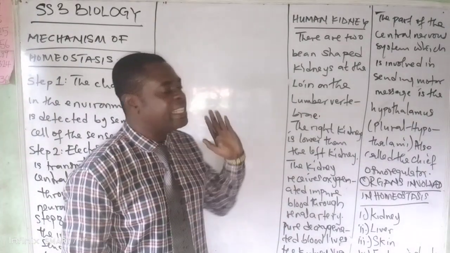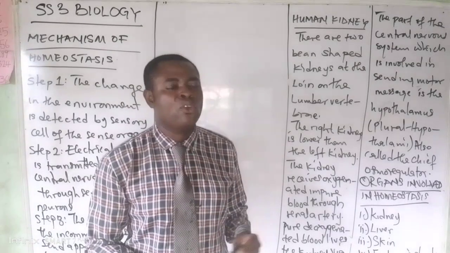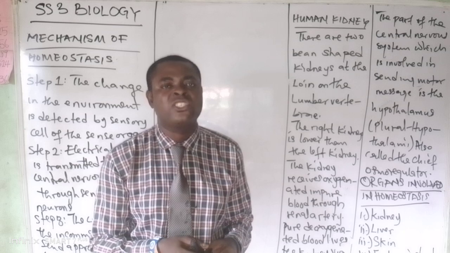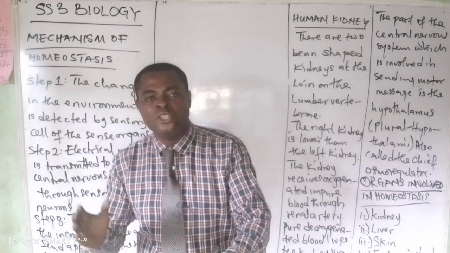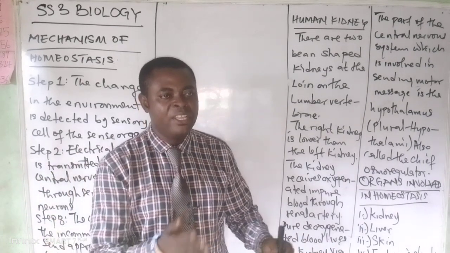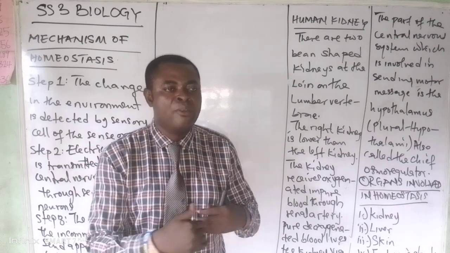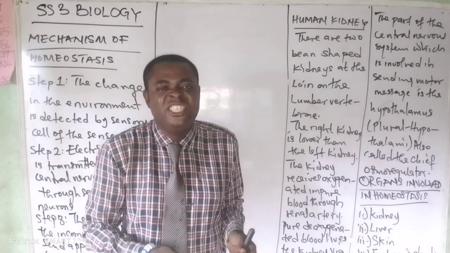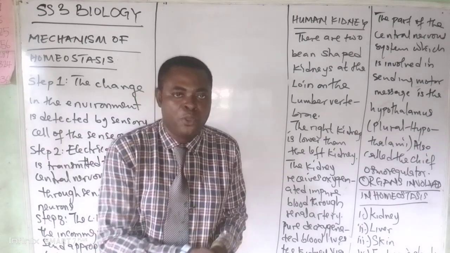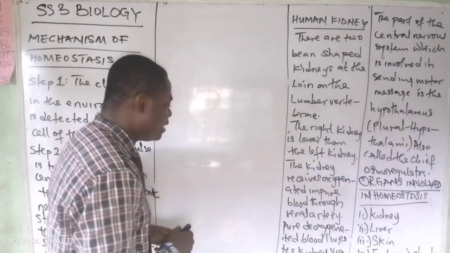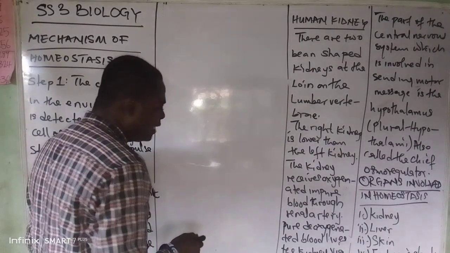The blood that enters the kidney is not pure. It contains impurity that we want to remove, and it contains oxygen. That's why it's called oxygenated blood. By the time the kidney filters the blood, some of the oxygen is lost and the blood becomes deoxygenated, but this time it becomes pure. And that pure blood leaves the kidney through the renal vein. So take note of that.